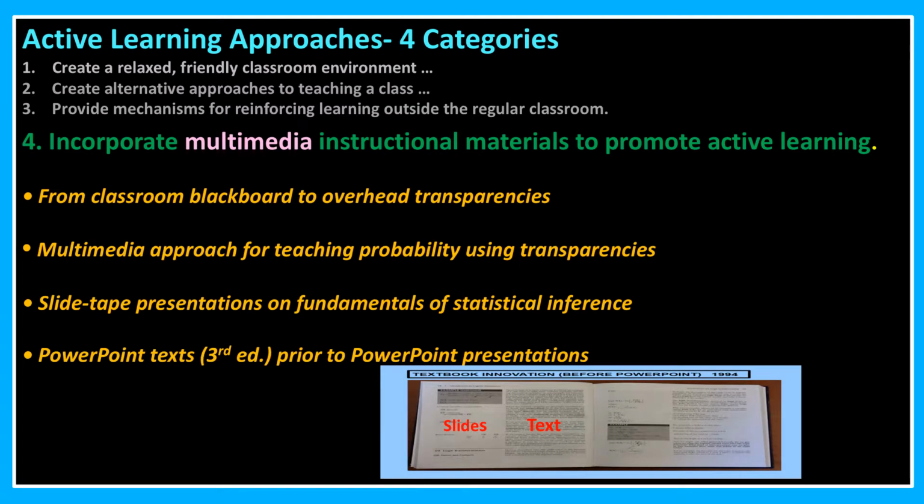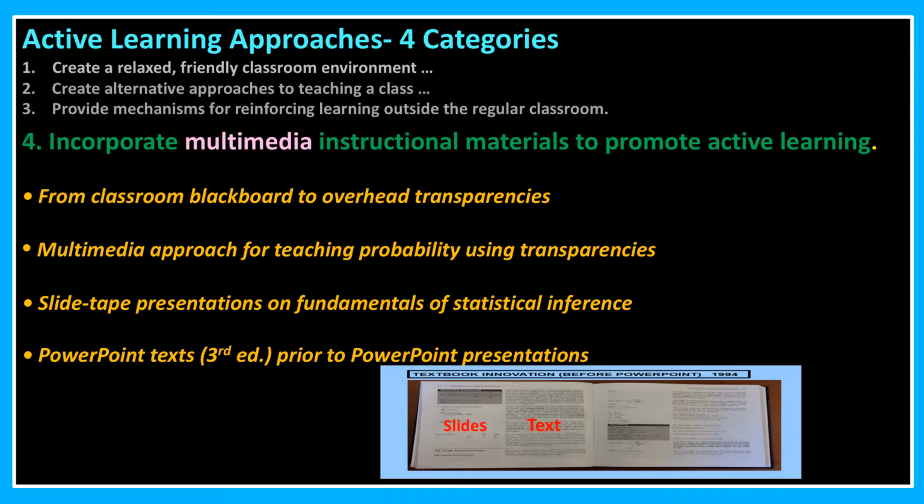Another approach that relates to multimedia instruction was something that I developed way before PowerPoint was even part of something that people used as they use regularly nowadays. I developed and wrote 2 texts that are now in the 3rd edition. One, Logistic Regression: A Self-Learning Text, and the other, Survival Analysis: A Self-Learning Text.